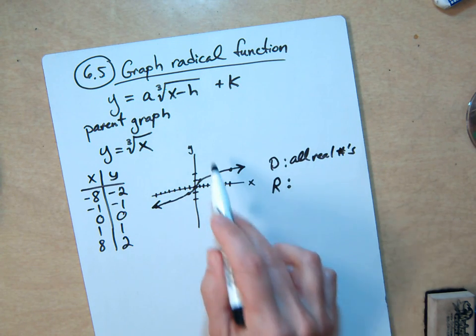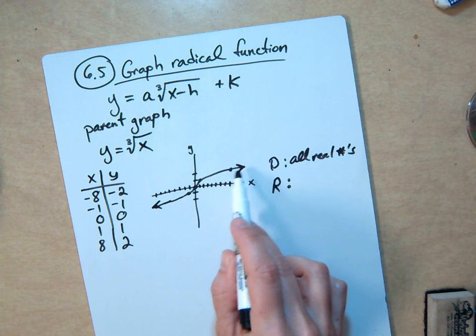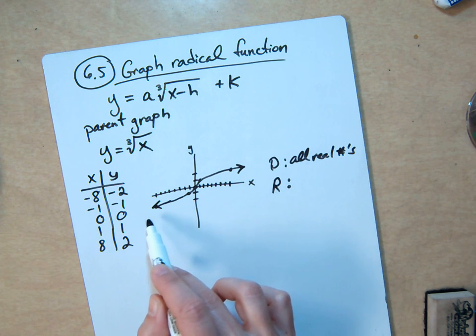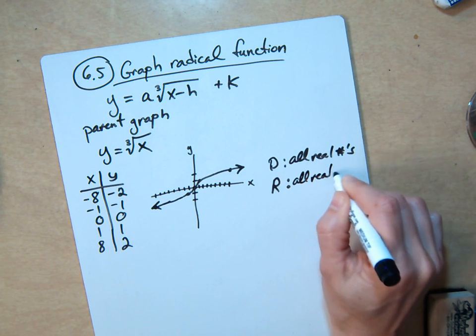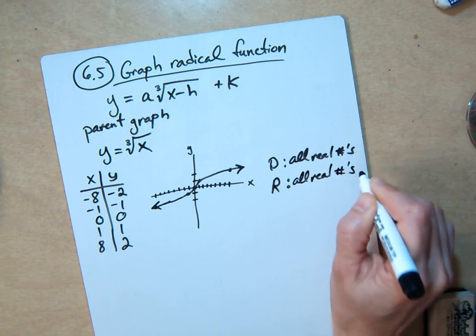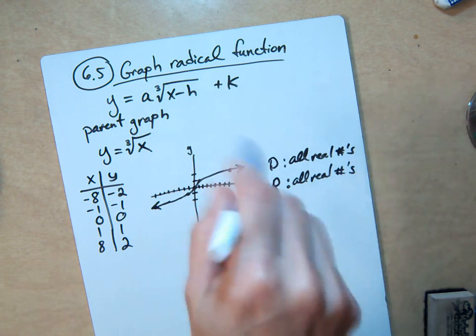What about up and down? Does it continue going up, and does it continue going down? Yeah, so it's also all real numbers. There's no limit. It doesn't just start somewhere and go. It goes everywhere.